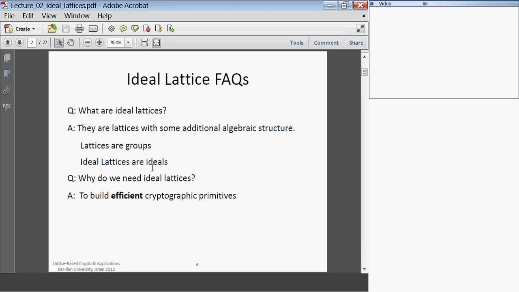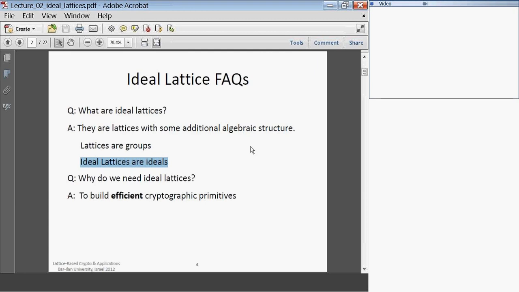And a couple of comments. Lattices are groups in terms that we discussed in the previous lecture, and ideal lattices are ideals defined for those groups. So simply, those are subgroups that have certain important properties.